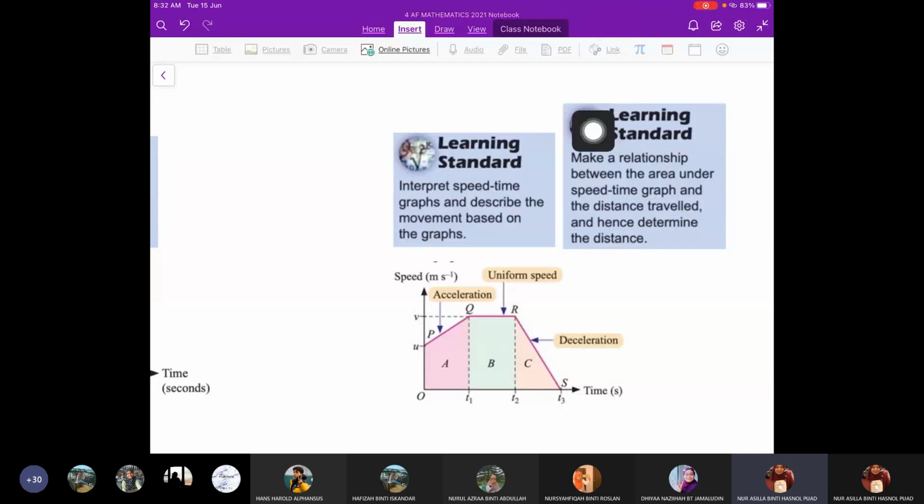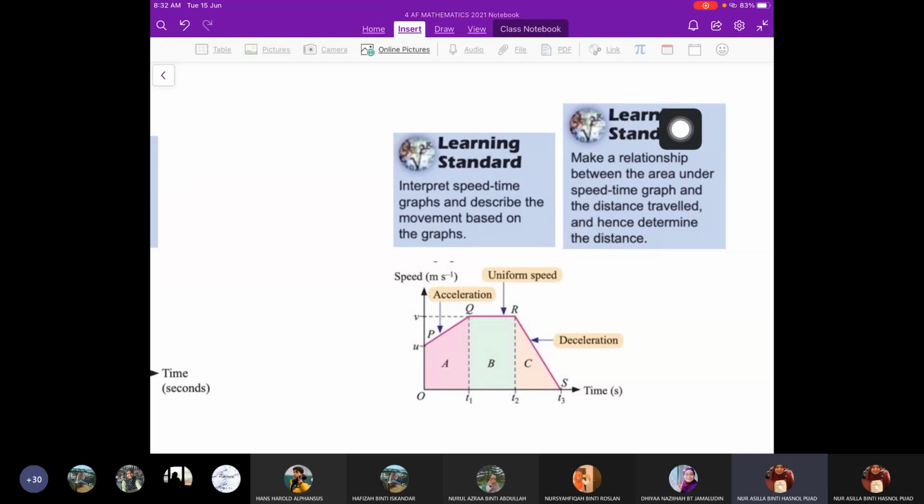So kat sini the third learning standard for speed time graph, kita kena make a relationship between the area under speed time graph dan juga the distance travelled. Dan daripada ini, kita boleh determine the distance.